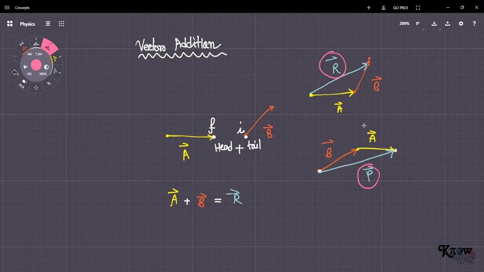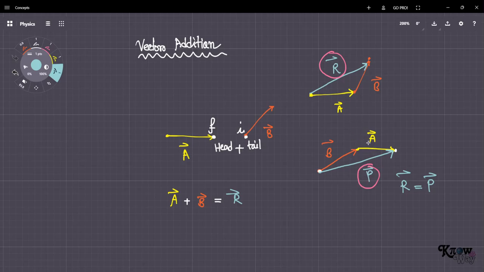Aren't they similar? They are not only similar, they're also the same thing. What I'm trying to say is R is just equal to P. I drew this very flawed, so it doesn't really seem that way. But actually, if you just erase the A's and the B's right here, you'll see that R and P are the same vector.